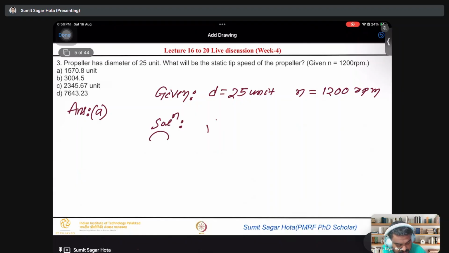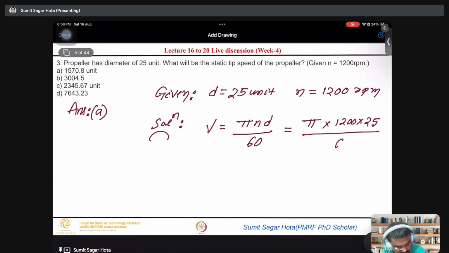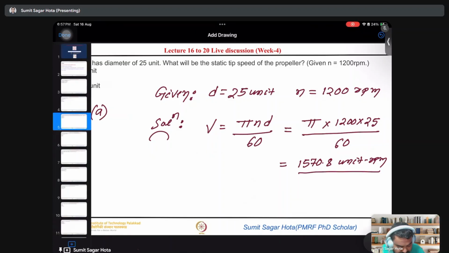Solution: V is equal to pi N D by 60, which is pi into 1200 into 25 divided by 60, which is 1570.8 unit RPM. This is your answer. Let's go to the next question.